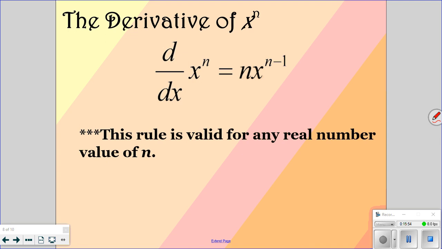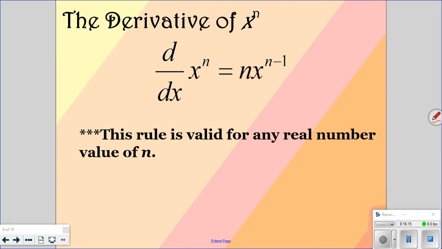Now, one thing to note, whenever you are asked to find the derivative, you have to be careful whether it says to use the definition of the derivative or just the shortcut. So if it just says find the derivative, then use the shortcut.